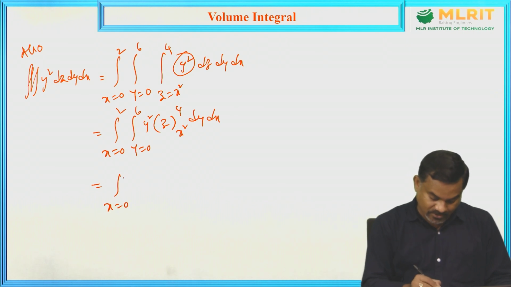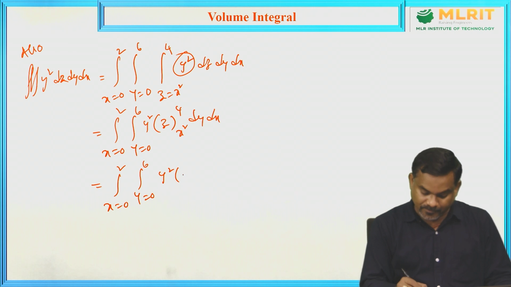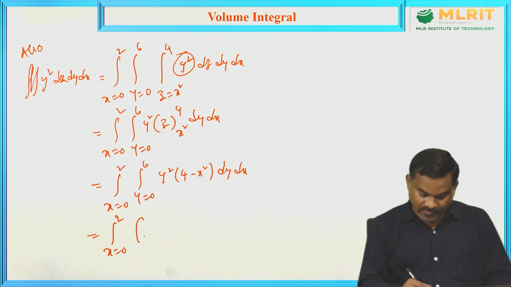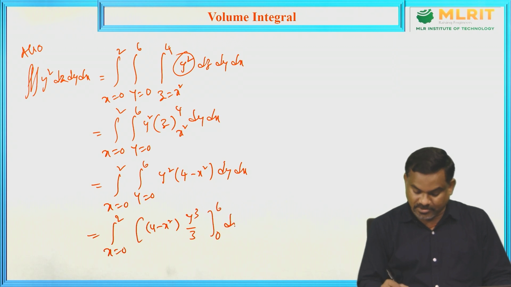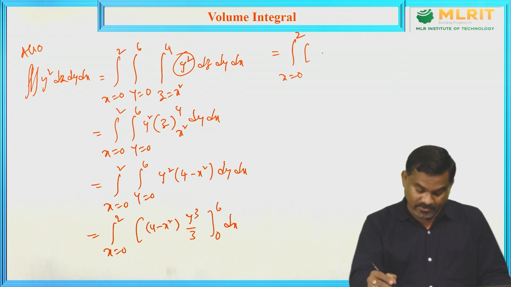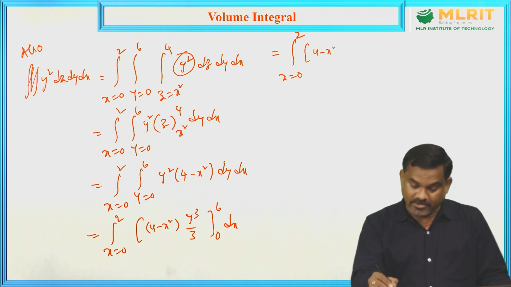Now x from 0 to 2, y from 0 to 6, y square into 4 minus x square dy. Now with respect to y, this is constant 4 minus x square, and for this we get y cube by 3, 0 to 6. And hence after simplifying, here we get 4 minus x square into y cube, 6 into 36 by 3, dx.